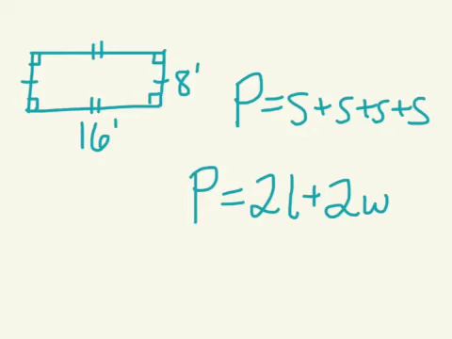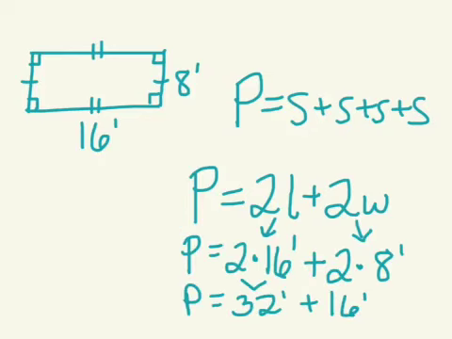So let's try that. By chunking that, we have our 2 lengths measuring 32 feet total and our 2 widths measuring 16 feet total. Now we just need to add those together and we'll get our total measurement around our perimeter. In this case, the perimeter is 48 feet.